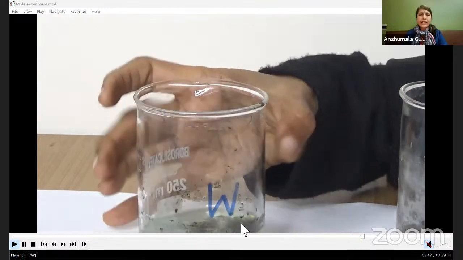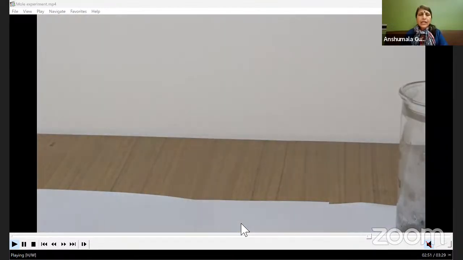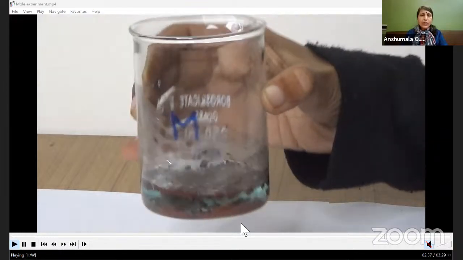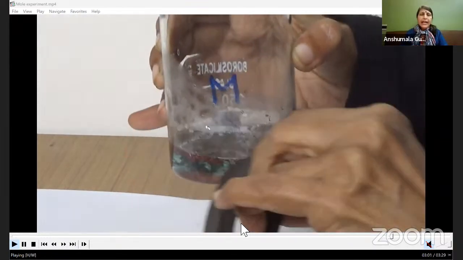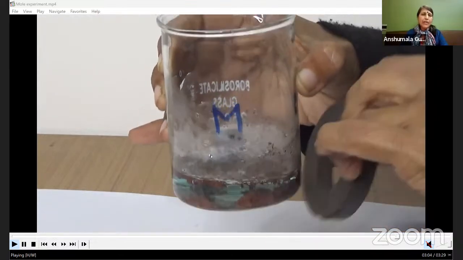Now we will see the equal mole one. And you can keep a solution of copper sulfate nearby to compare colors. So here's the equal mole one. If you run the magnet, still some iron is left.